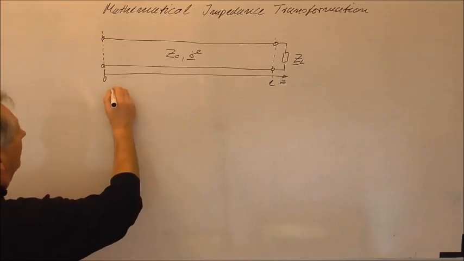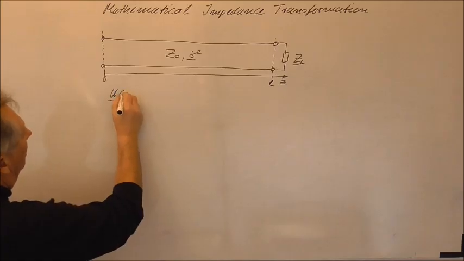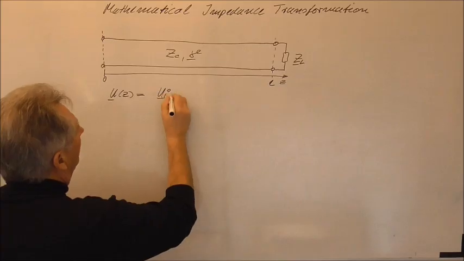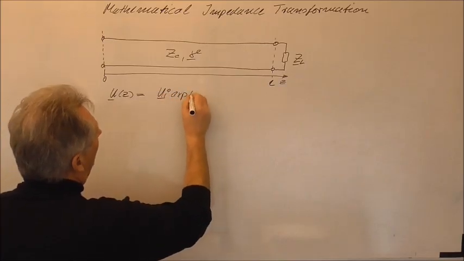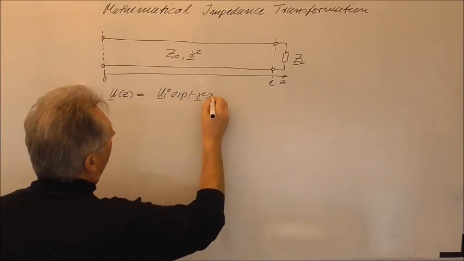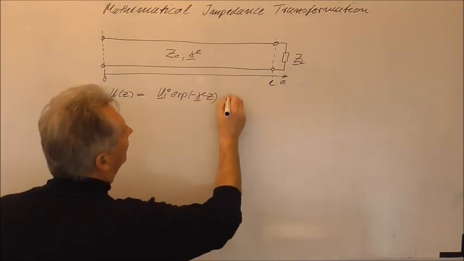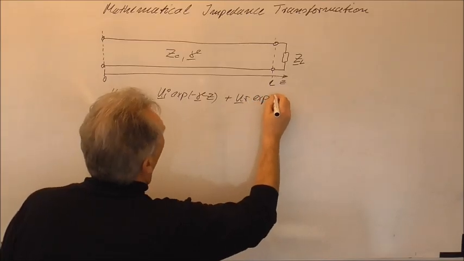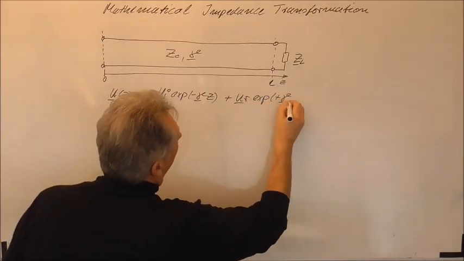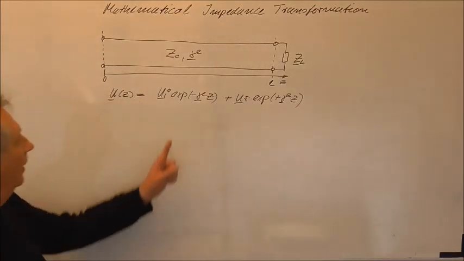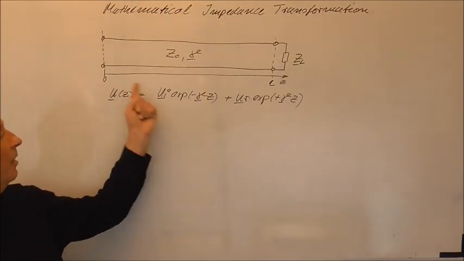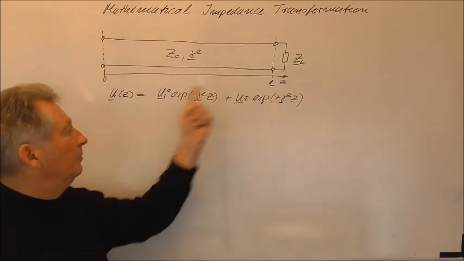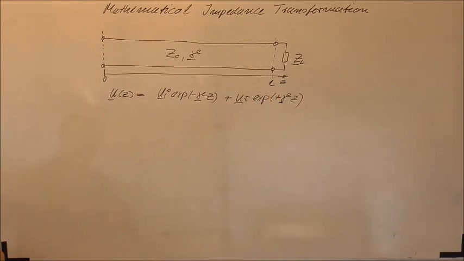So we can write u of z will be the incident wave ue times the exponential function of minus gamma times z plus ur times the exponential function of plus gamma times z. You know that the negative sign denotes a wave which travels in the positive z direction, and the positive sign describes a wave which travels in the opposite direction.